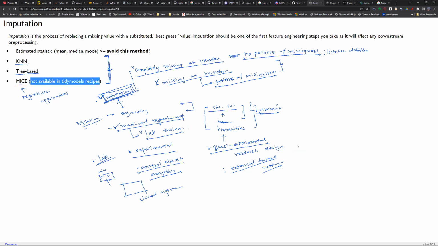So mostly for statistical purposes, imputation is not recommendable. That's what I wanted to say.